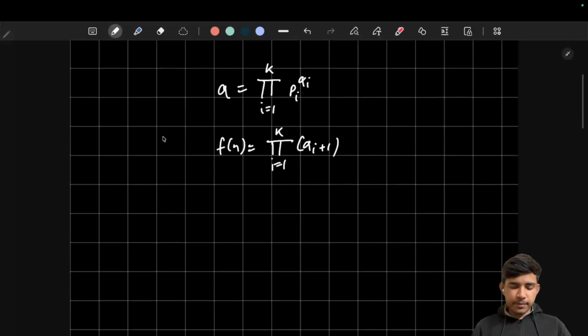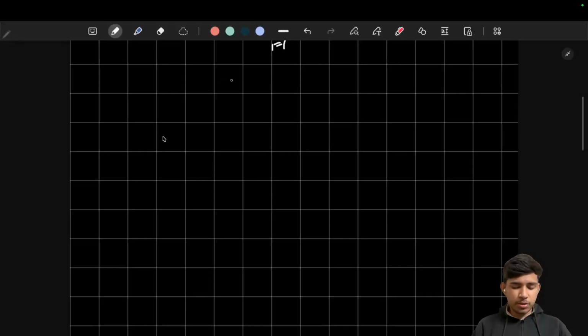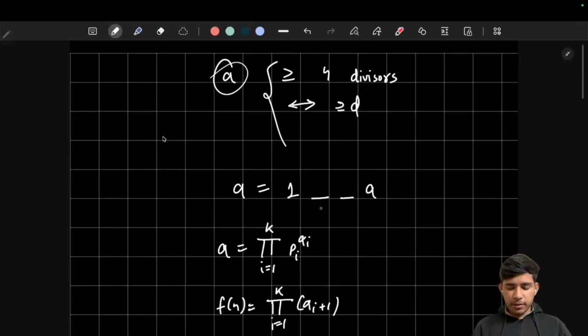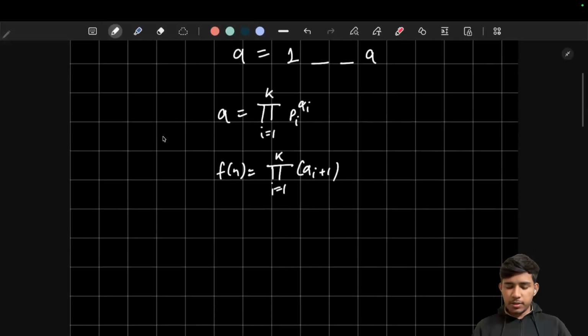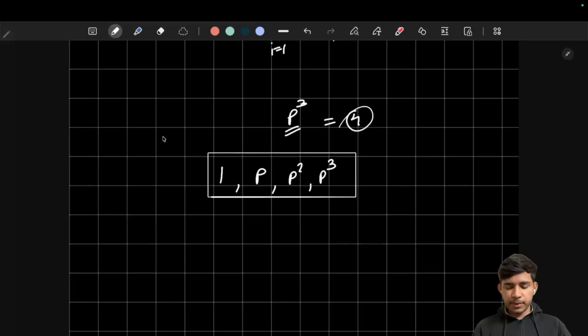Using this knowledge, let's try to fill both places with a single prime number p. Its power should be 3 in order for the number of factors to equal 4. The factors would be 1, p, p squared, and p cubed.